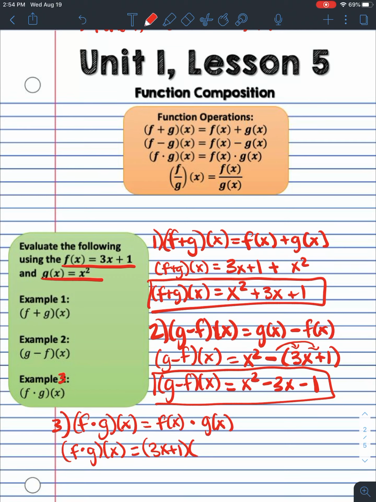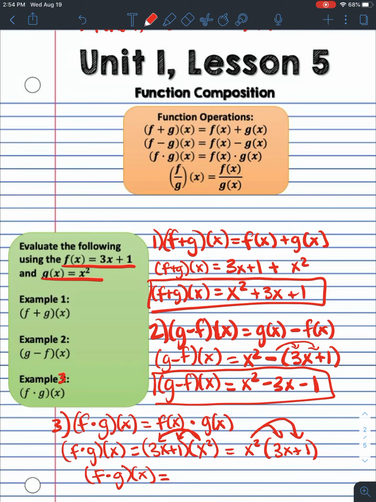I'm going to put it in parentheses to show multiplication. G of x is x squared. Well, when I'm multiplying anything by a binomial, I need to distribute. So I'm going to kind of distribute backwards. If this doesn't make your brain happy, you can rewrite it as x squared times 3x plus 1 because multiplication is commutative. Okay, so we're going to distribute.